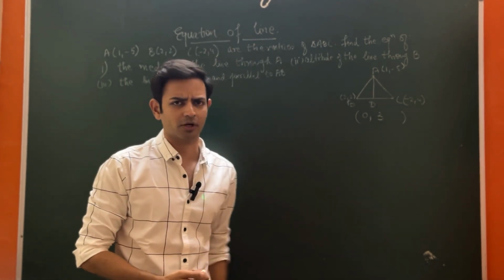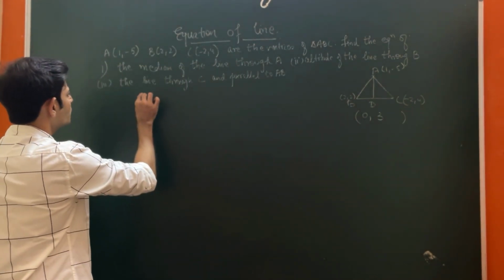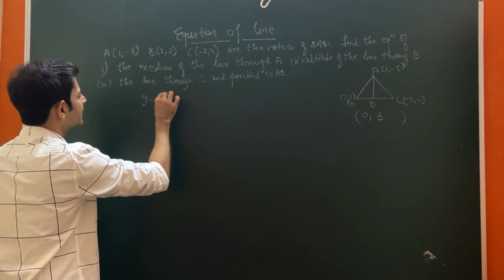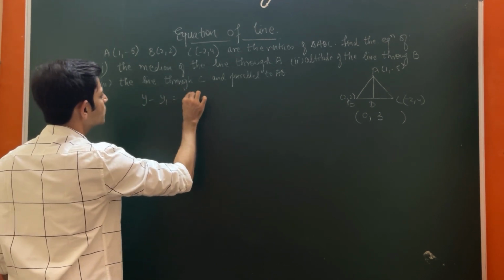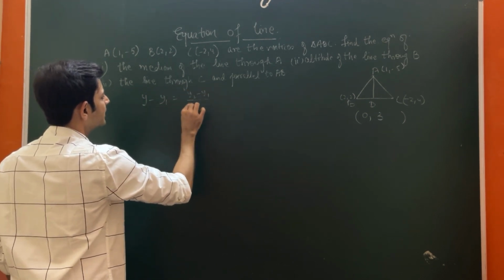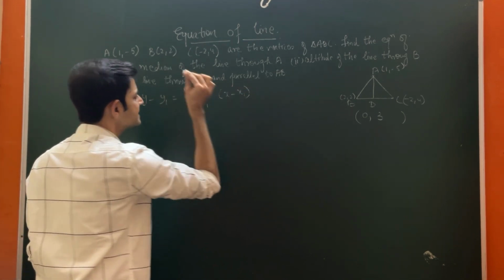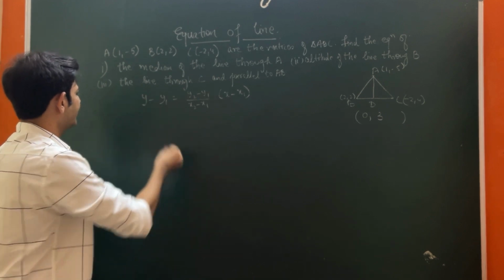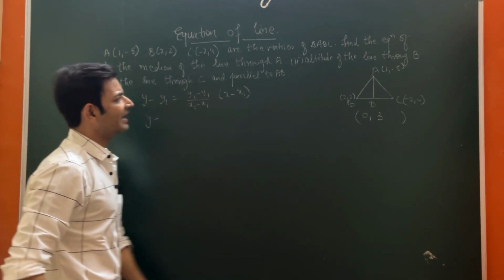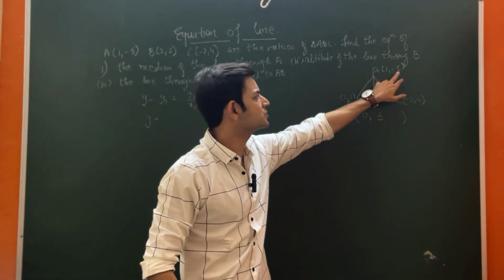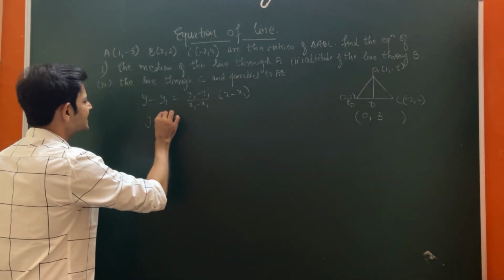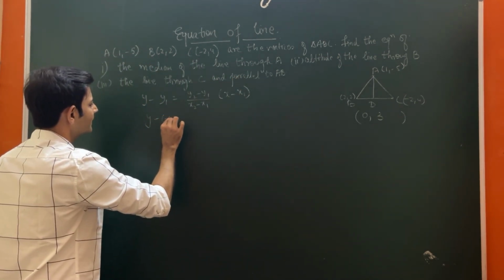We'll directly go for the 2-point form. So y minus y1 is equal to y2 minus y1 upon x2 minus x1 into x minus x1. Y as it is, y1 we are considering as this one. So minus of minus 5, that will be equal to plus 5.